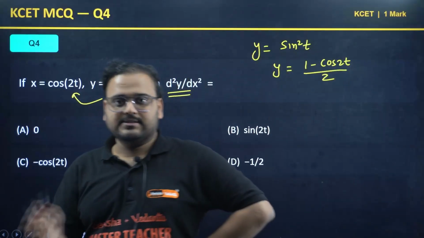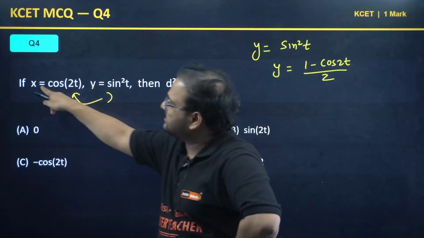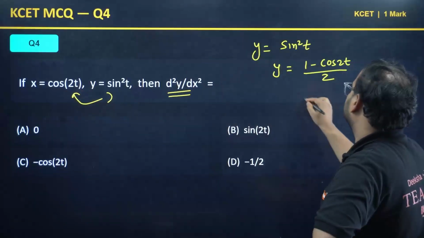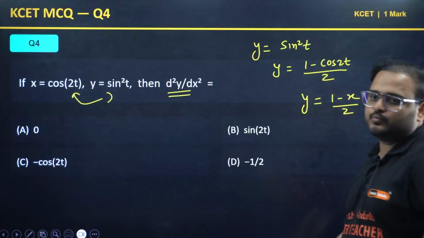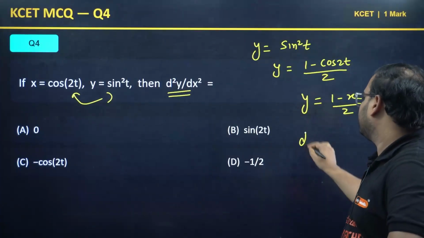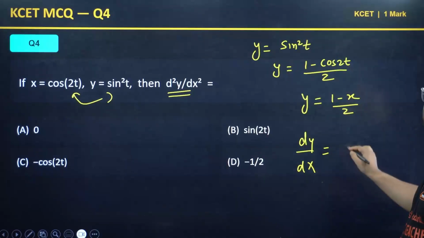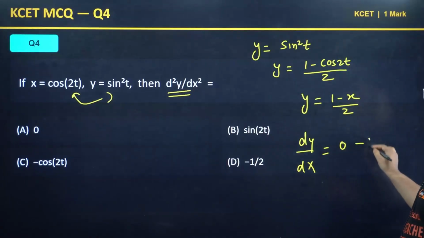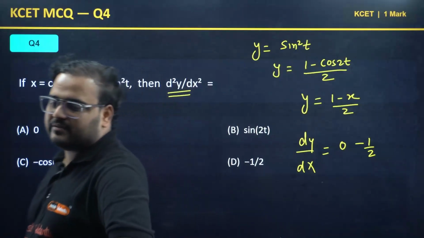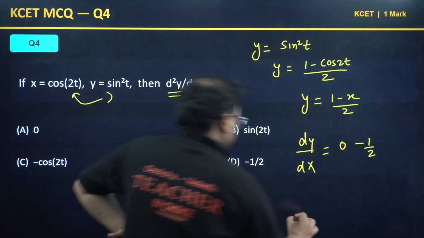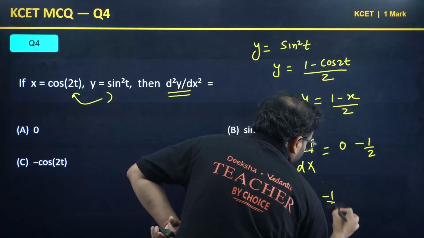The formula is sin square t is (1 minus cos 2t) by 2. Cos 2t is x. So y equals (1 minus x) by 2. Differentiate. dy by dx equals 0 for 1, minus 1 for x, and we have 2 over there. So my value of the derivative is minus 1 by 2.